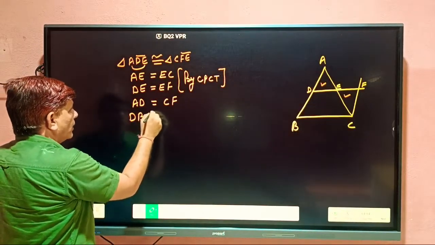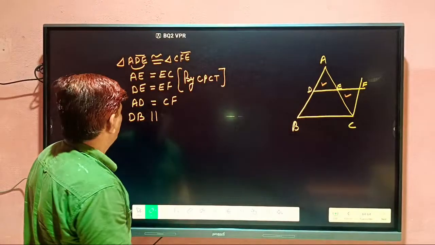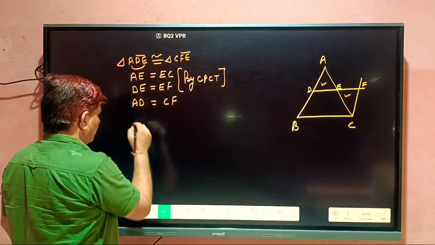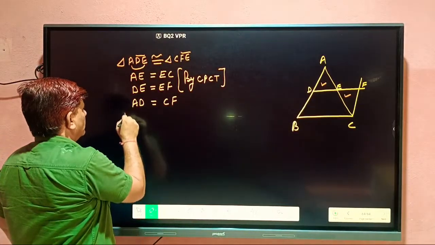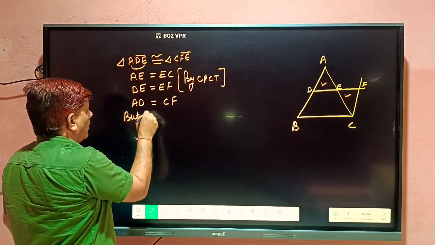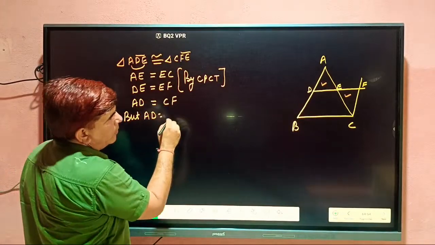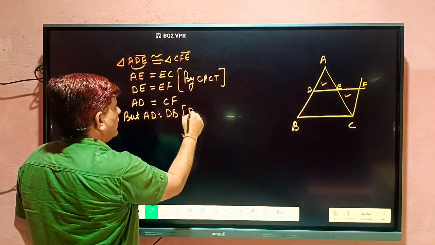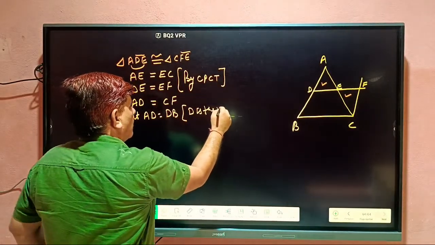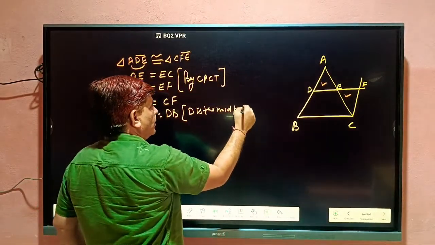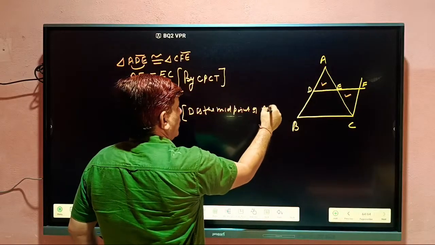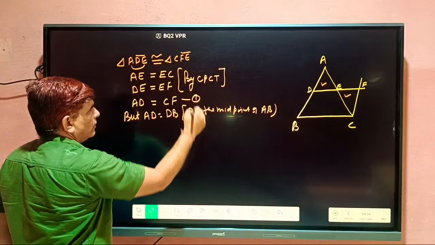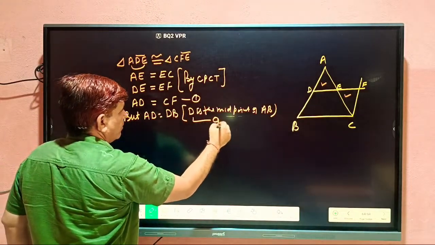DB is parallel to CF, this step. AD equal to DB because D is the midpoint of AB. So this is your first, this is your second.